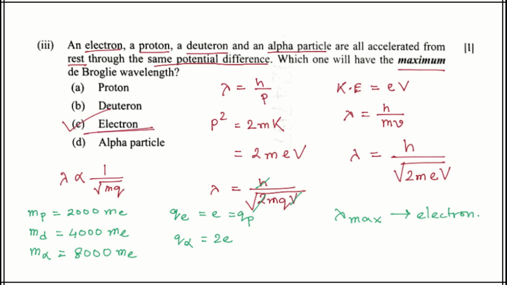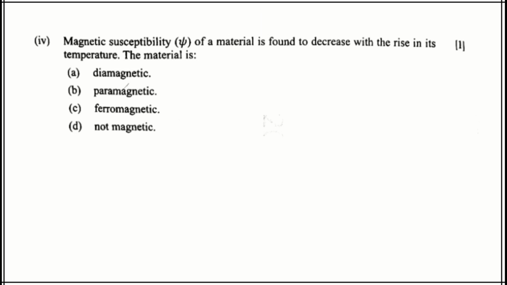Next question. Question number 4. Magnetic susceptibility of a material is found to decrease with the rise in its temperature. The material is option A, diamagnetic, option B, paramagnetic, option C, ferromagnetic, and option D, not magnetic.